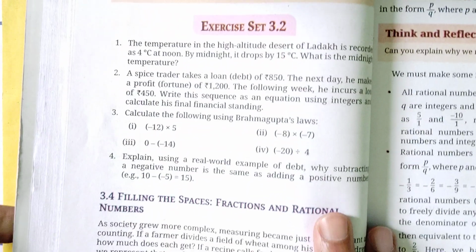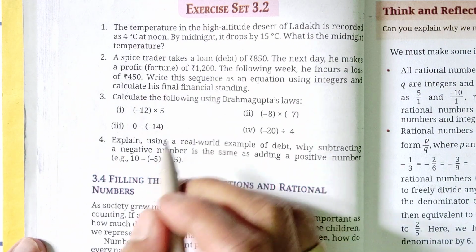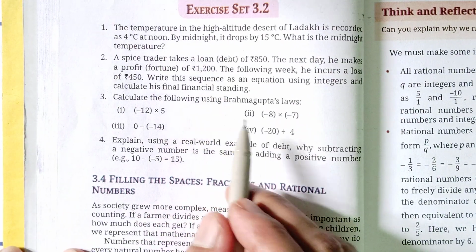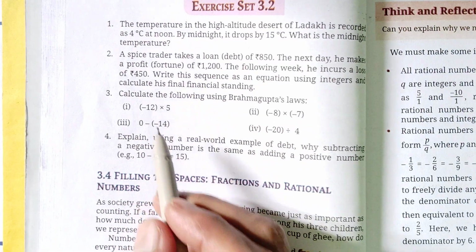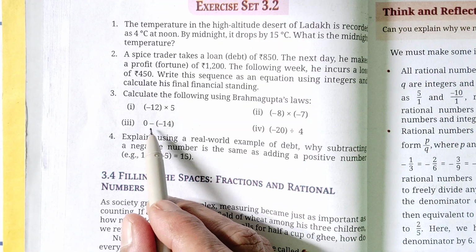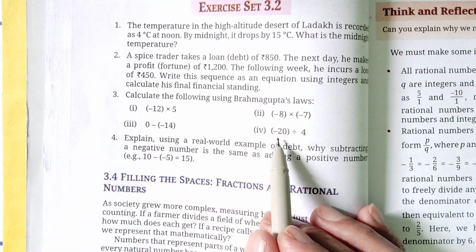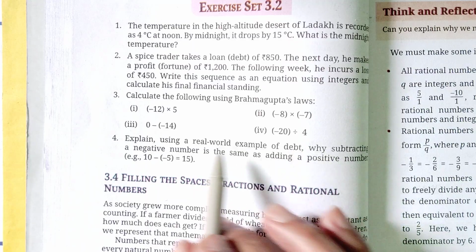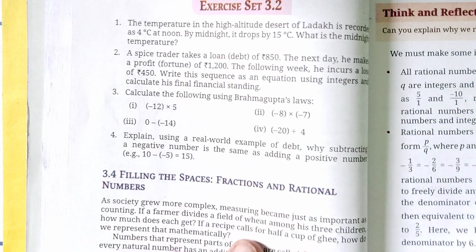Question 3. Calculate the following using Brahmagupta's laws. So minus 12 into 5, minus 8 into minus 7, 0 minus 14, minus 20 plus 4. This we have to calculate by using Brahmagupta's laws.